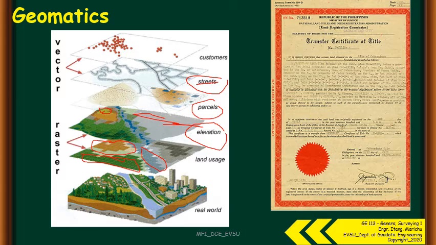You can also have customers, maps that indicate the location of businesses and the location of people. For example, your location, where you are. That is how vast geomatics would be. So, there are so many applications and uses of the maps that we produce.